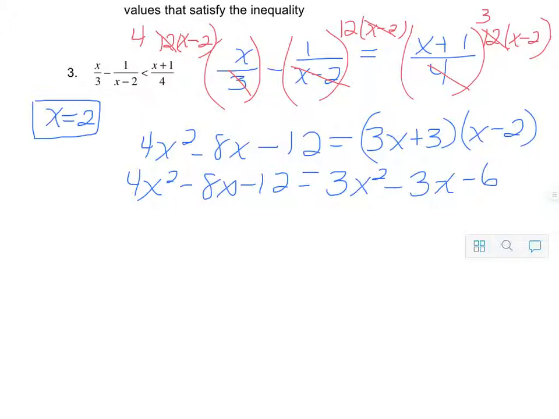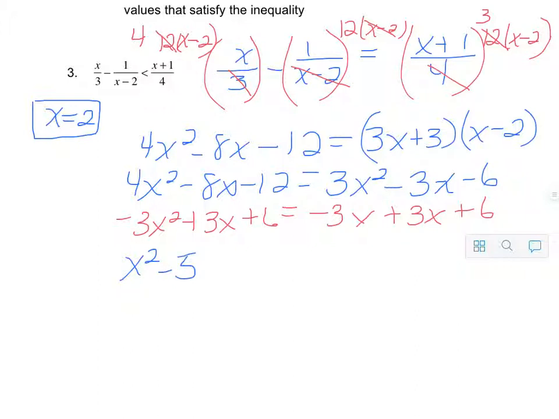Okay, that's a little easier. I have squares on both sides, so let's move one side to the other. I'm going to subtract 3x squared on both sides, add 3x to both sides, and add 6 to both sides. So on the left, I'm going to have x squared minus 5x minus 6 equals 0.